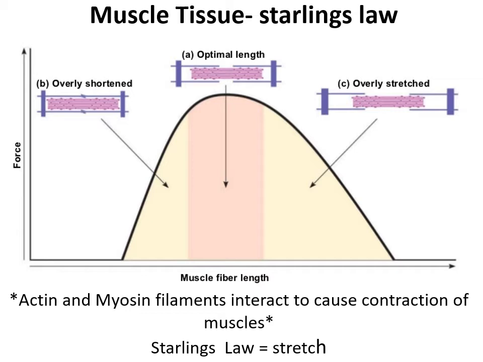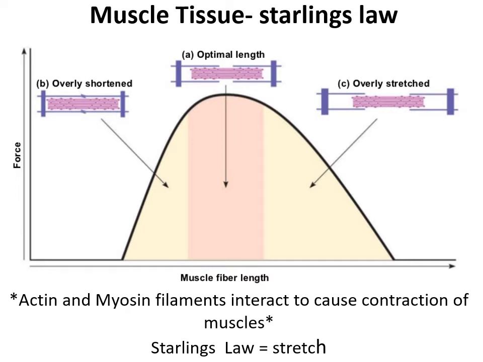Then the actin and myosin are overlapping perfectly, and it's going to allow for optimum force through the muscles. Okay? If the muscles are really shortened and not in a good position, then the actin and myosin won't be overlapping properly, and the muscle will provide less force.